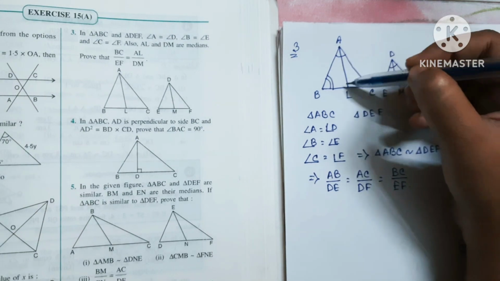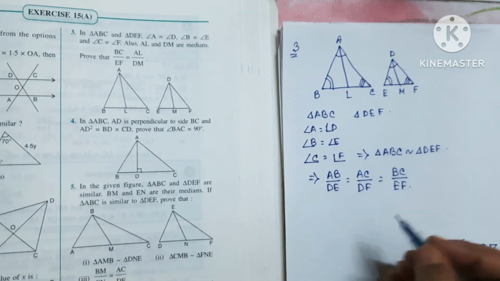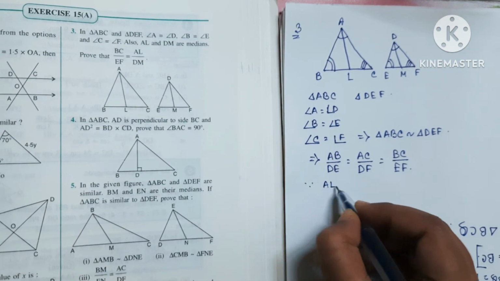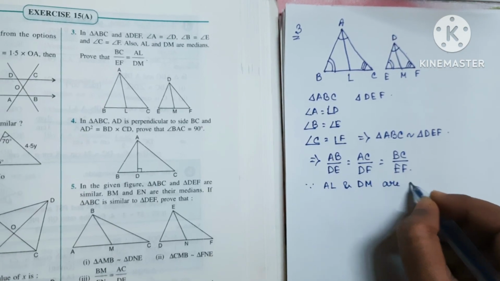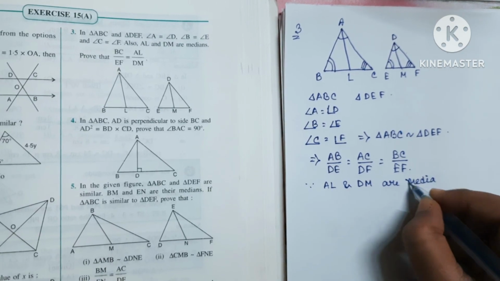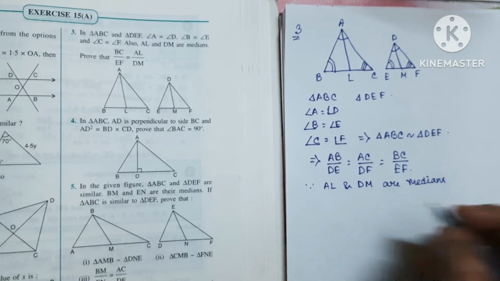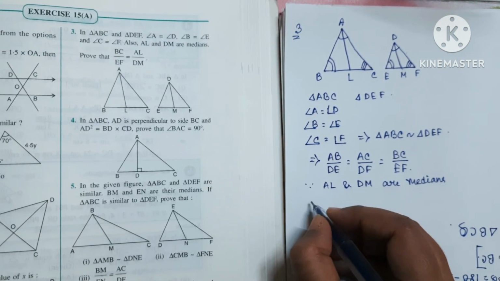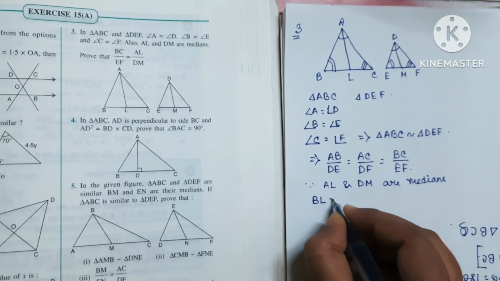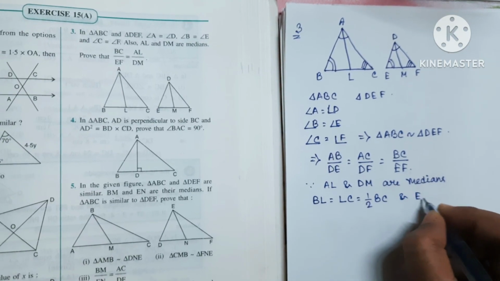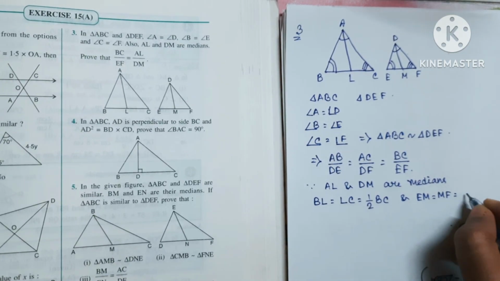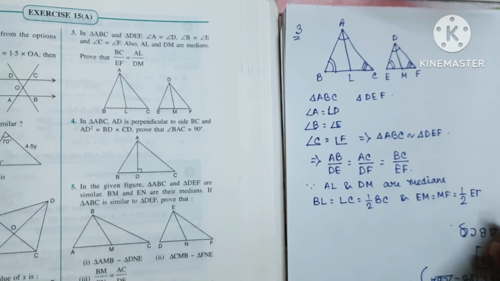Now see, AL and DM are two medians. Since AL and DM are medians, that means L is the midpoint of BC. That means BL is equal to LC is equal to half of BC, and EM is equal to MF is equal to half of EF.